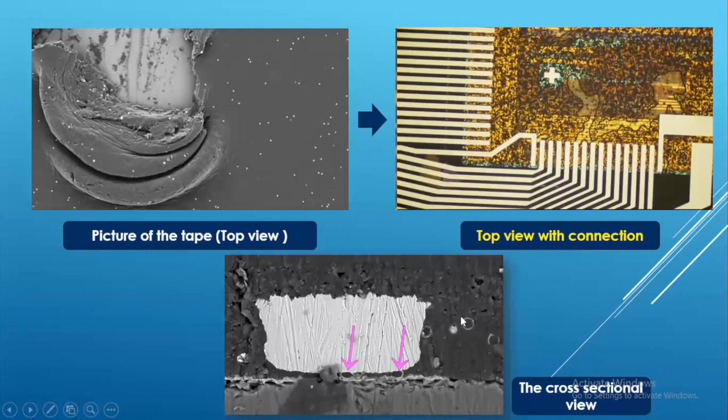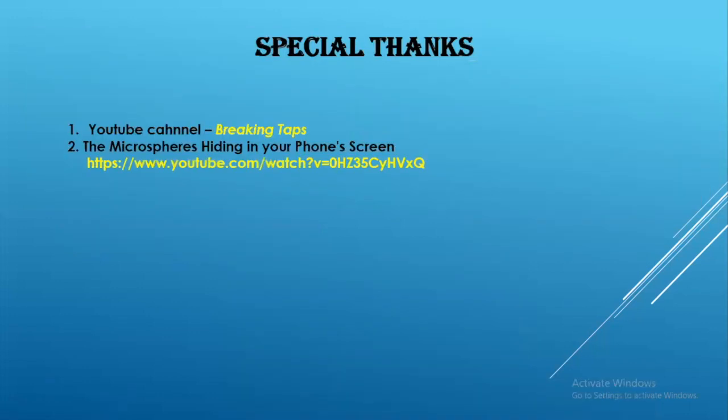The spheres that are not in between are not participating in the contact, and the nanoparticles crushed between the two terminals are giving the contact between them. This gray part is the adhesive anisotropic conducting tape, and these are the terminals. This terminal goes to the LED panel, and this terminal to the ribbon tape. So this is the cross-sectional view of the contact.